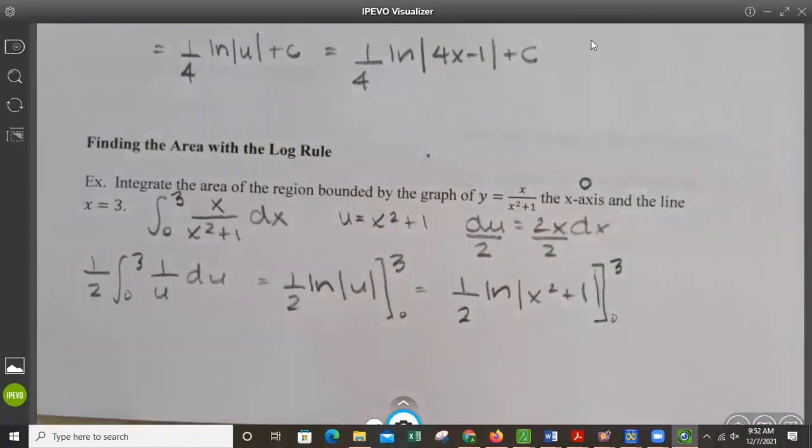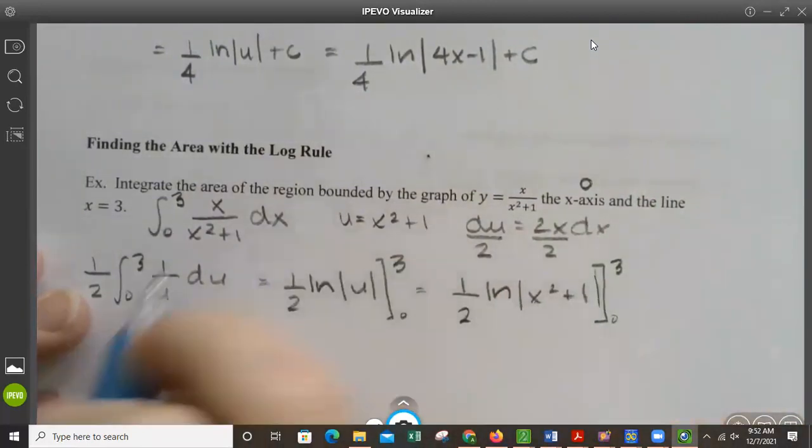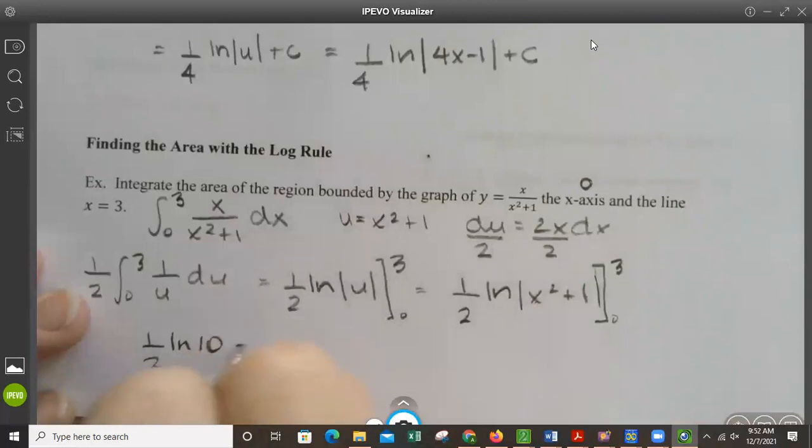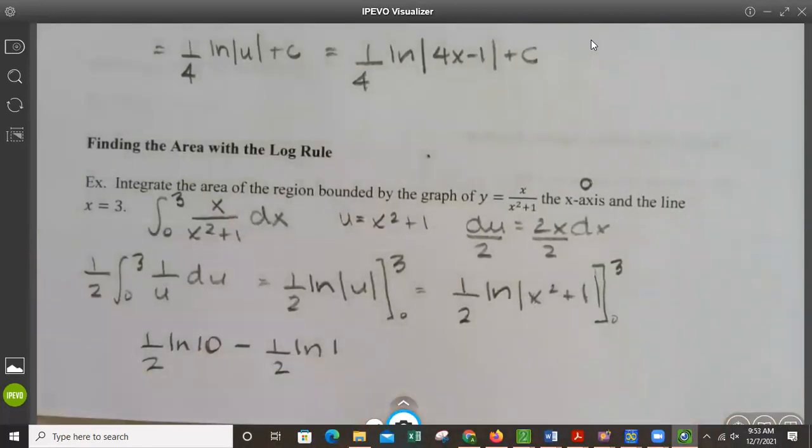And then what do I do? Plug in. So 1/2 ln, 3 squared is 9 plus 1 is 10, minus 1/2 ln, 0 squared is 0 plus 1 is 1.